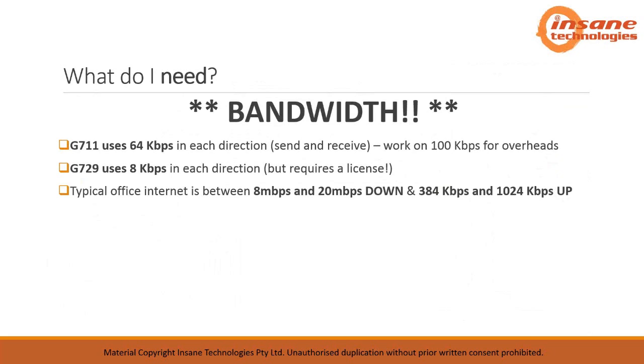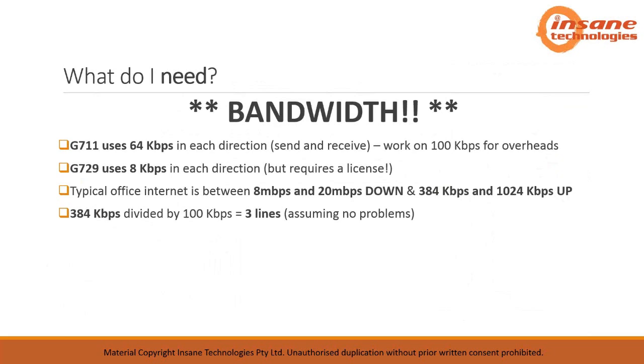Your typical office internet connection is between 8 megabits and 20 megabits download speed, and 384 kilobits and 1024 kilobits upload speed. So what this means, if you're unlucky and you have a 384 kilobits upload speed, because the upload is as important as the download, and since that's your slowest speed, we have to use that to work out the number of lines you can have.